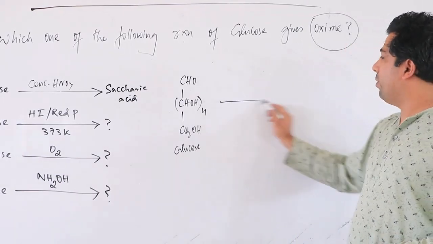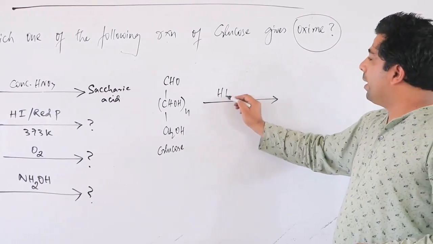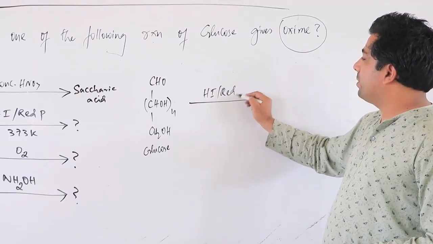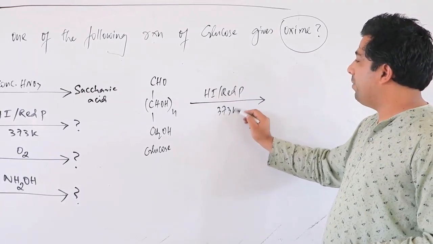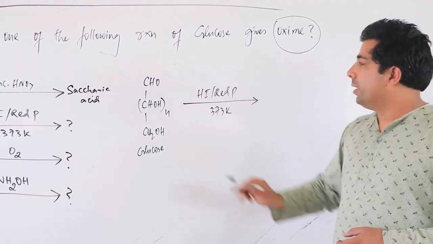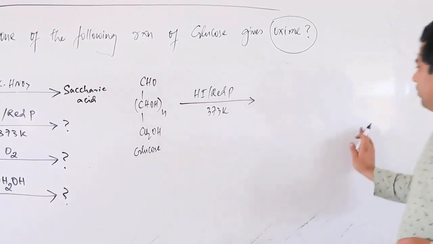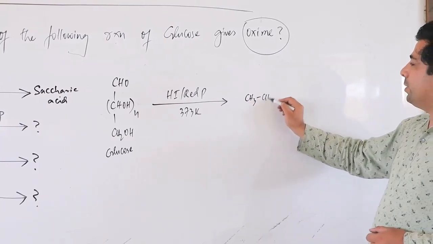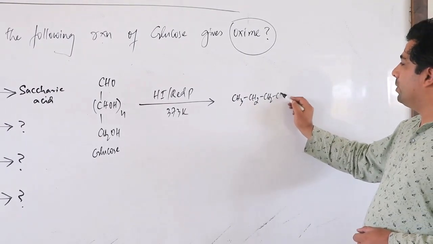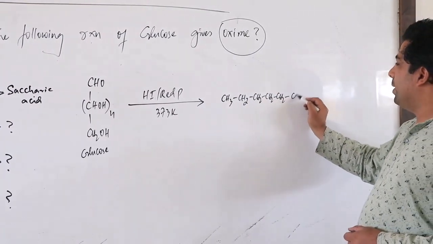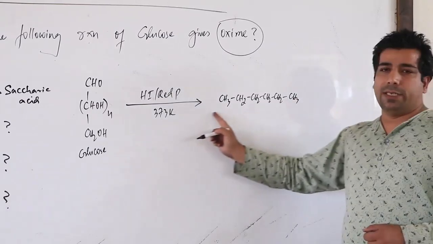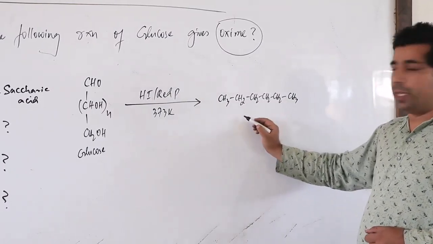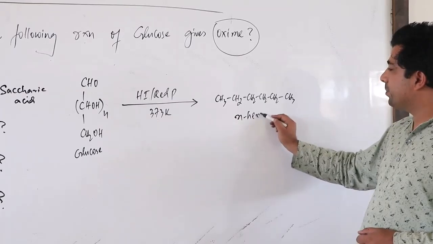Glucose in presence of hydrogen iodide and red phosphorus at 373 Kelvin temperature, what happens? This glucose molecule is converted into two substances, CH3, CH2, CH2, CH2, CH2 and CH3. This is a straight chain of hexane, called normal hexane.